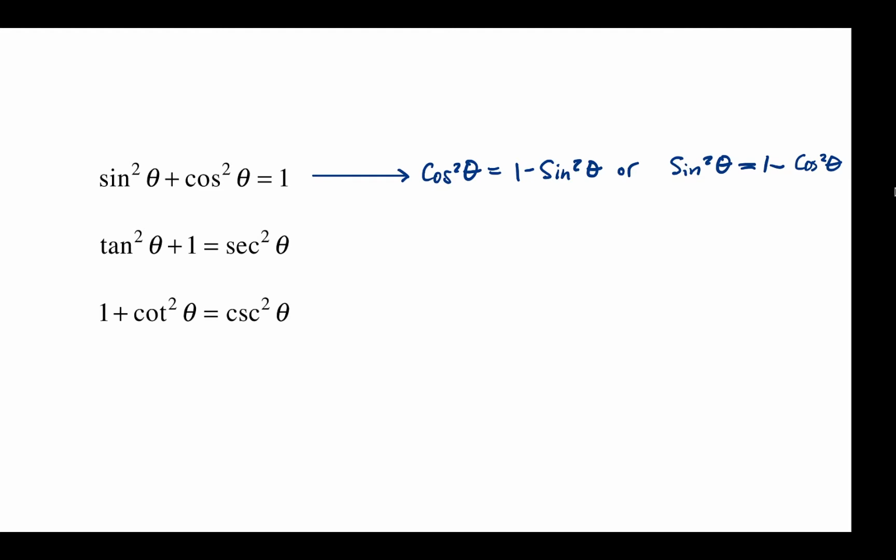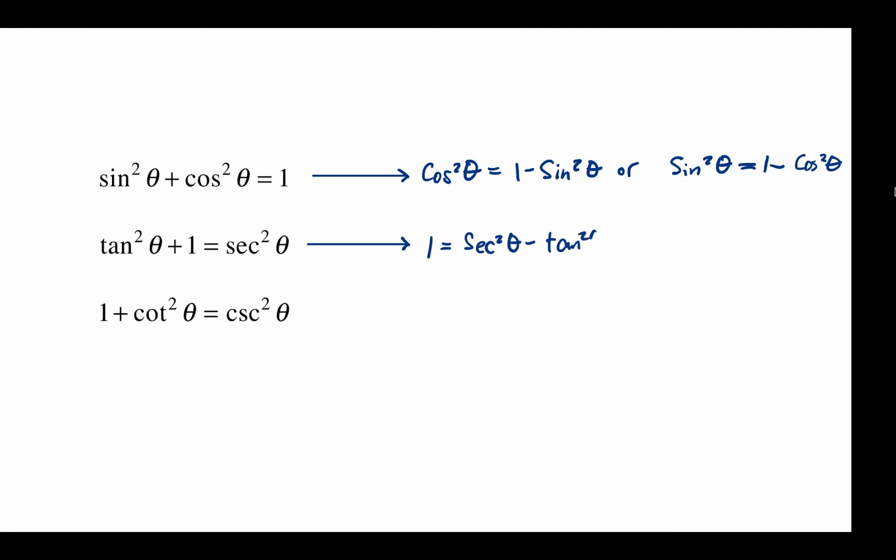So likewise with the tangent and secant, the way that they're related in this Pythagorean identity, you can take that equation and rearrange it to suit your needs. So for instance, you can take this one and say you get 1 when you do secant squared theta take away tangent squared theta.